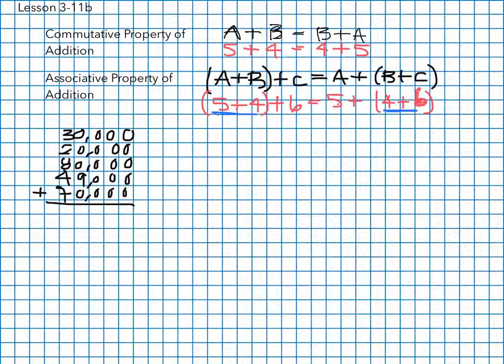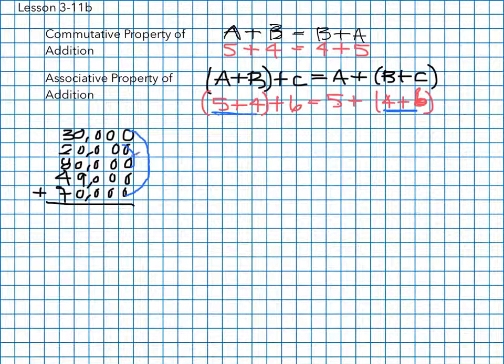Well, ladies and gentlemen, let's start grouping things. Let's start putting things together. Let's use the associative property, because that's one that's really going to allow us to move numbers around. And let's manipulate this problem, because if I put 3 and 7 together, that's going to give me 10. If I put 2 and 8 together, that's going to give me 10. So, that's going to give me 100,000.